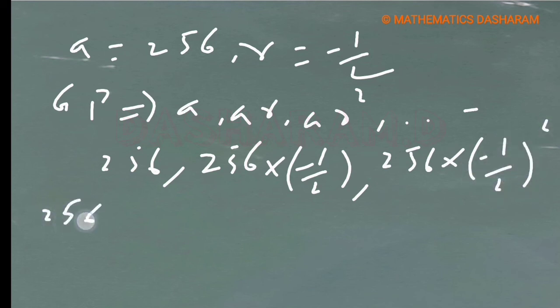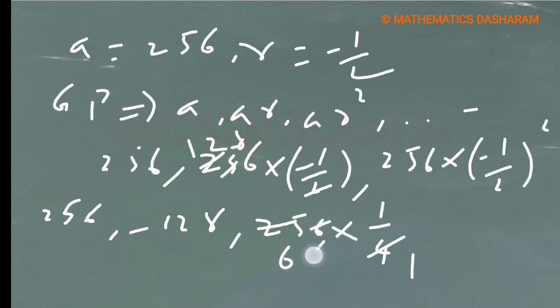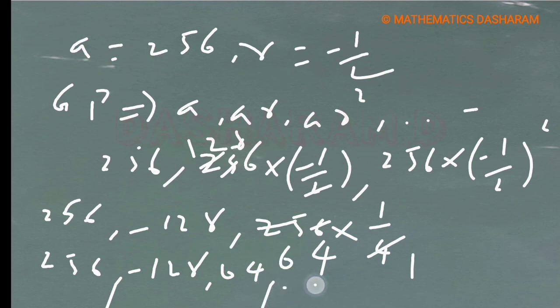So 256, comma, 2 ones are 2, 2 twos are 4, 2 eights are 16, so minus 128, comma, 256 into minus 1 by 2 whole square is 1 by 4. So 4 ones are 4, 4 sixes are 24, and remainder 1, 4 fours are 16. So 256, minus 128, 64, and so on.